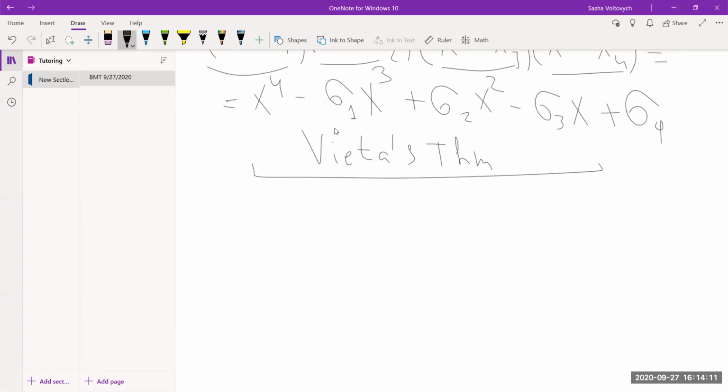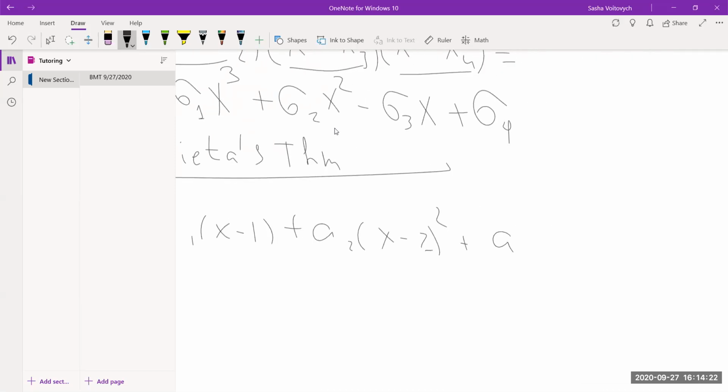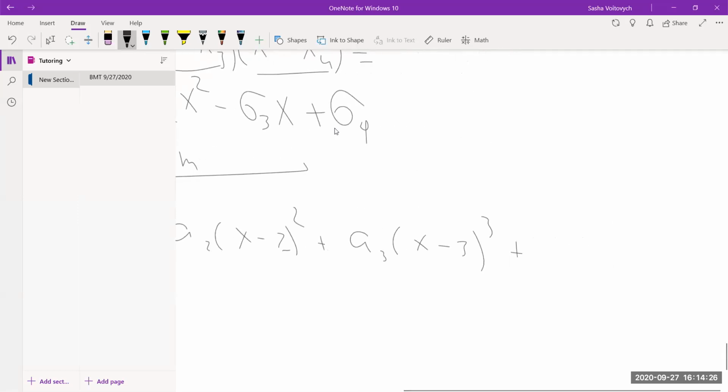So our polynomial looks like A0, A1 times x minus 1 plus A2 times x minus 2 squared plus A3 times x minus 3 cubed plus A4 times x minus 4 to the power of 4.